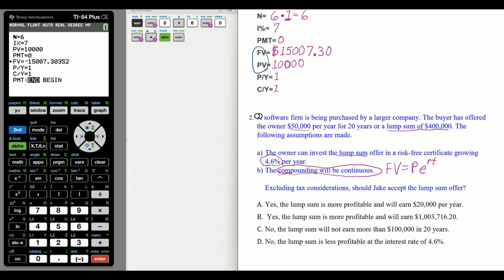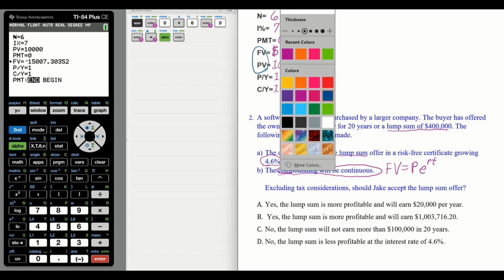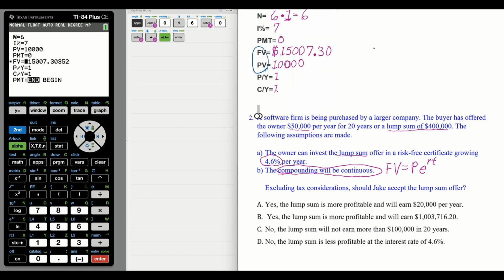Okay? All right. So what we need to do first here, let's change colors. Okay. All right. So what we need to do is, notice that the $50,000 every year for 20 years, there's no interest on that. They're not going to give you interest.